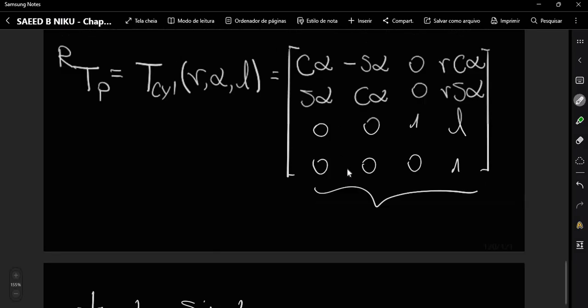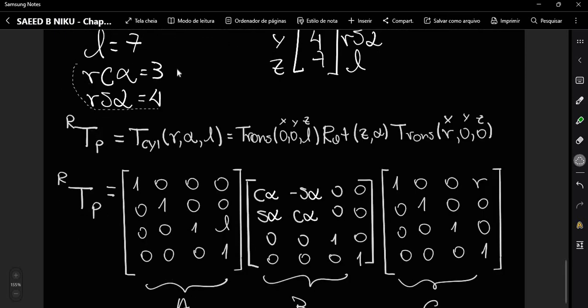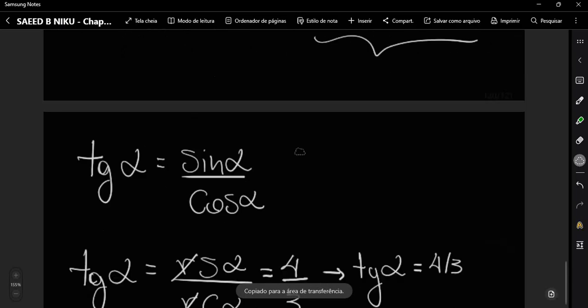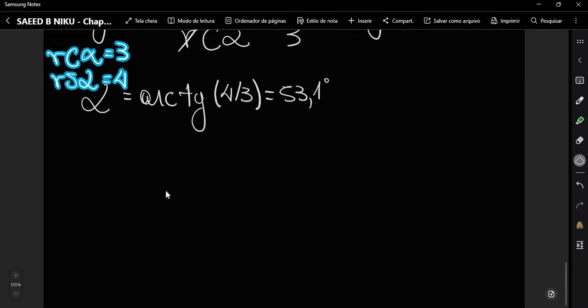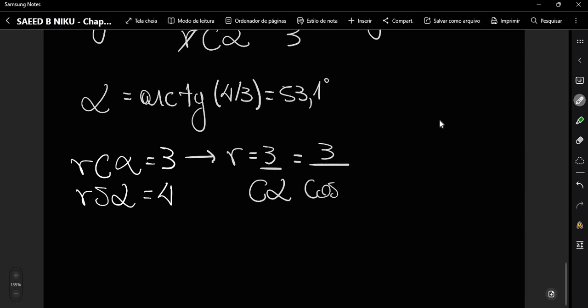Okay, now let's calculate the values for R, which we are expecting to be the same in both relations. So R is equal to 3 divided by cosine of alpha. So R is equal to 3 divided by cosine of 53.1 degrees.